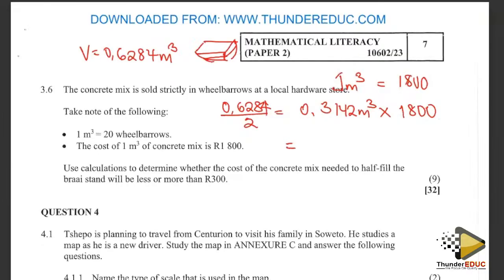So what about for 0.3142 meters cubed? So the person is going to pay 500. So the money is more than 300.